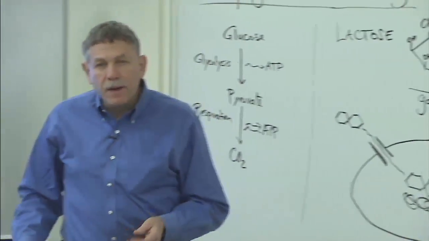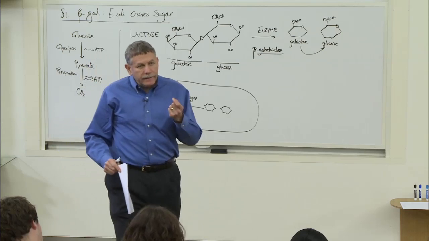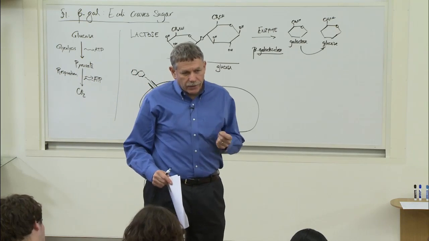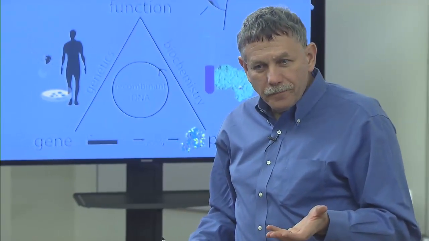All right, when E. coli is in the presence of lactose, it makes a huge amount of beta-galactosidase. In fact, it makes so much beta-galactosidase that about 10% of the protein in the cell is beta-galactosidase. Why so much? They really like sugar.